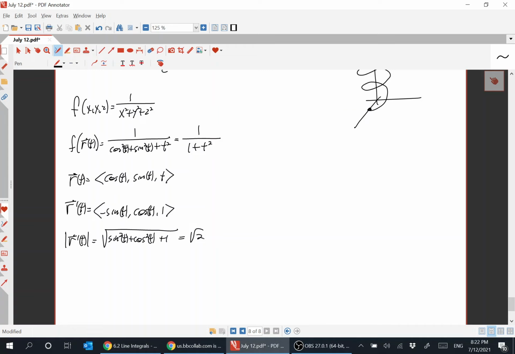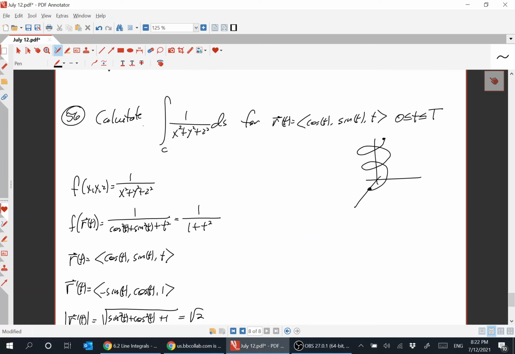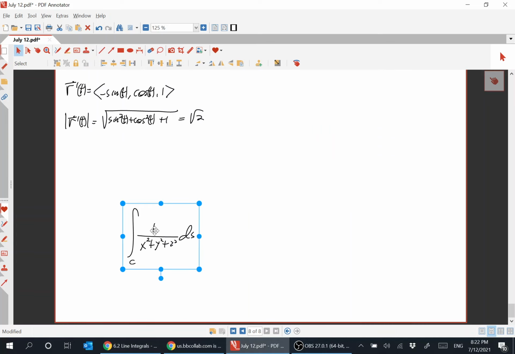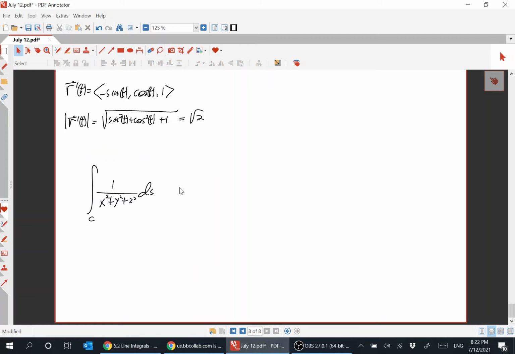Okay, so the line integral is equal to the integral from 0 to capital T, f of r of t times the length of r prime of t dt.